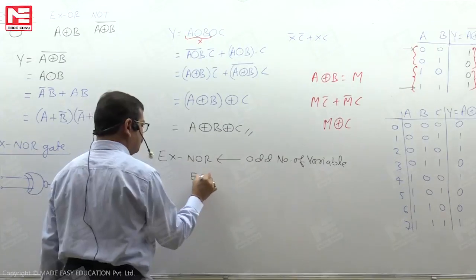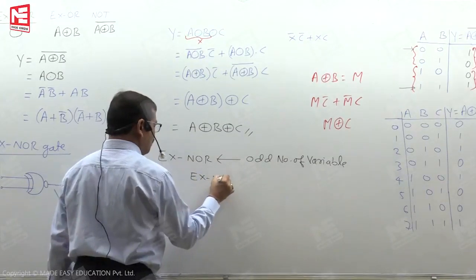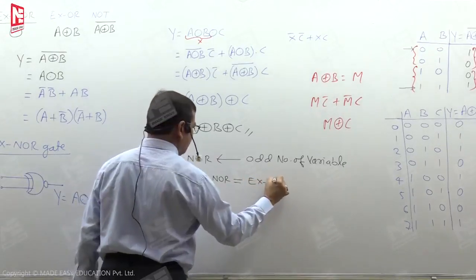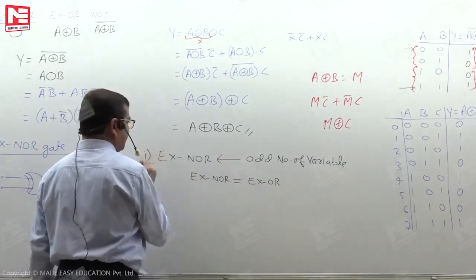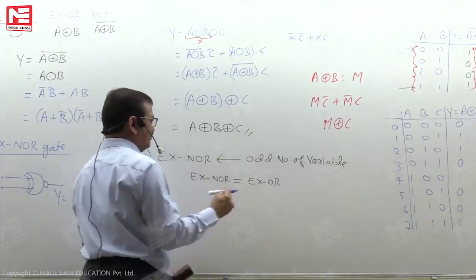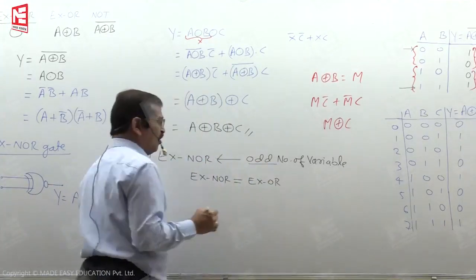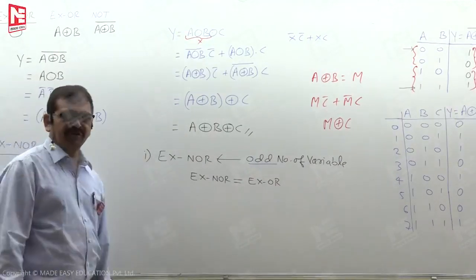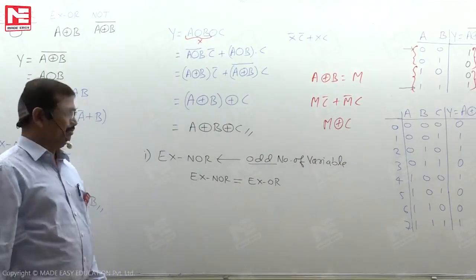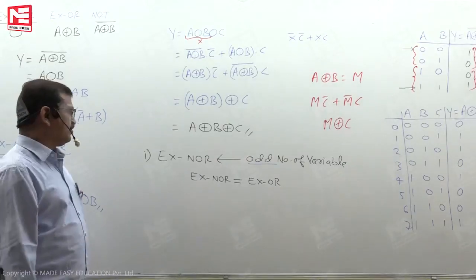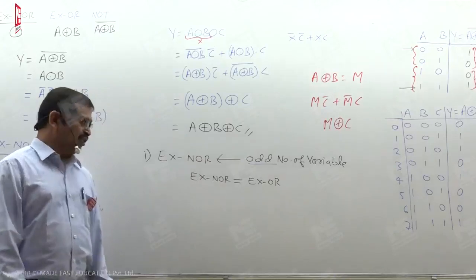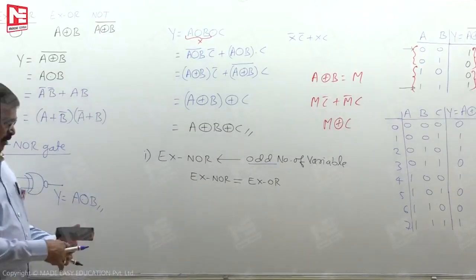The result of exclusive NOR and exclusive OR is the same. It is the case whenever the operation is on an odd number of variables. The discussion we had, which was on 3 variables, is a case of an odd number of variables. So whenever we look at the XNOR result on an odd number of variables, the result comes out the same as exclusive OR.